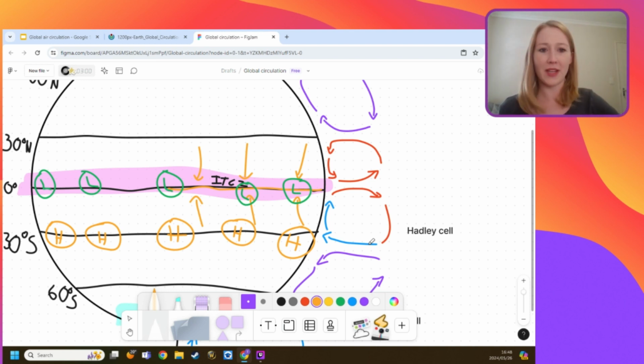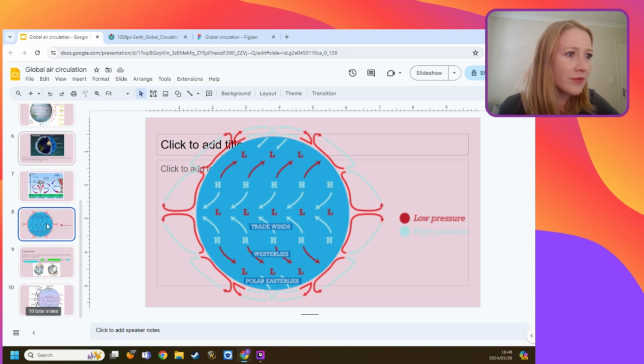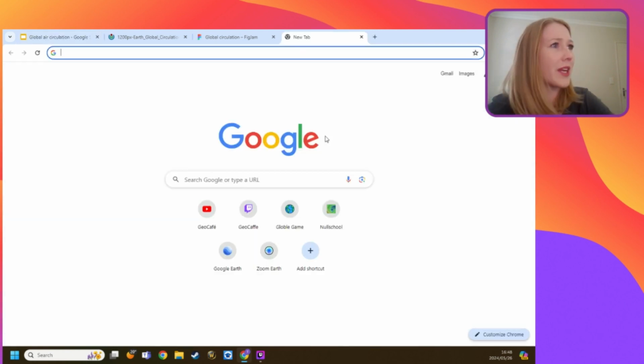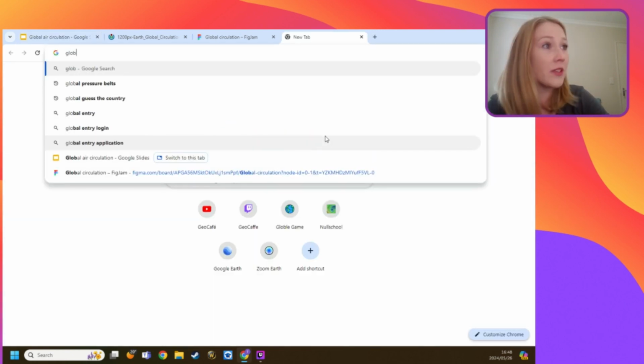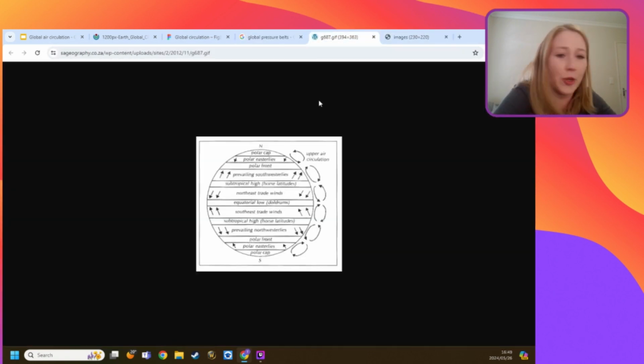I need to actually just find the diagram. Wait, where's the names? Let me just find a diagram with all the names. So the global pressure belts. Okay, yeah, that's no better. So I'll just kind of read it to you. Over here we have the equatorial lows and then the subtropical highs.